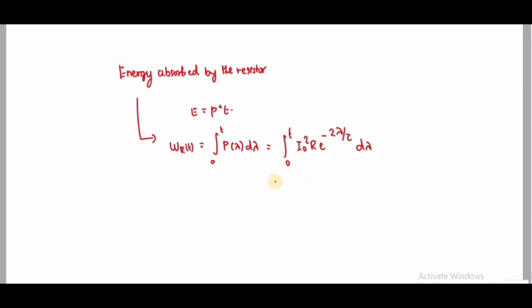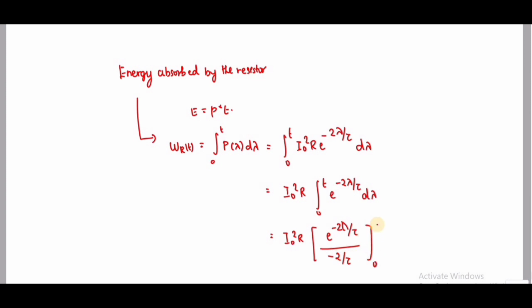I'm going to take I naught square R common, and integrate e power minus 2 lambda by tau d lambda. So I will get I naught square R times e power minus 2 lambda by tau divided by minus 2 divided by tau, with limits 0 to t.